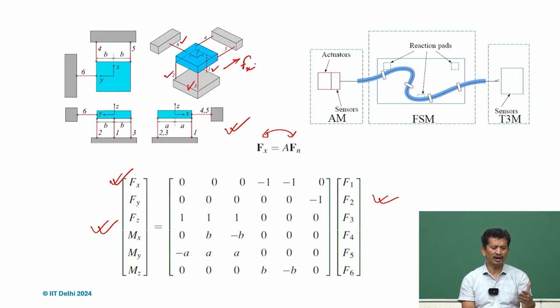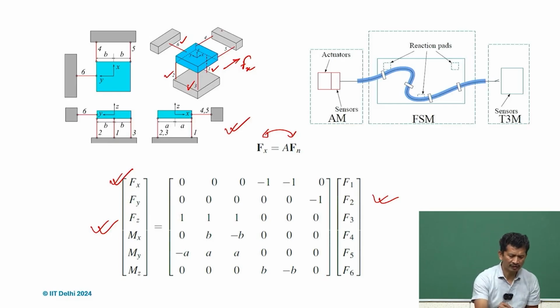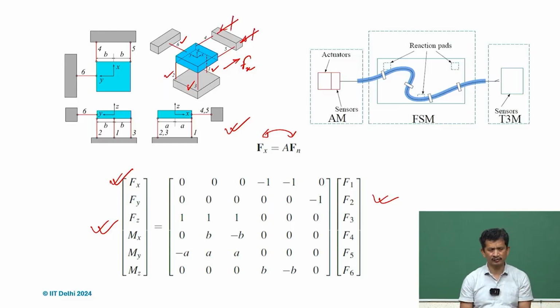So, the entire force, what we will receive is the force along 4 and 5, the reaction forces. And since it is compressive in nature, the notation we have used is a negative sign for compression and a positive sign for tensile forces.